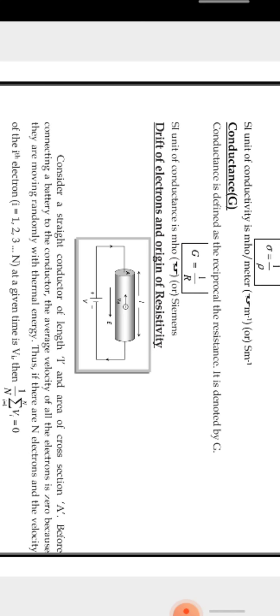The SI unit of conductivity is the reciprocal. Ohm meter is the unit for resistivity. If you reverse ohm, it becomes mho per meter.